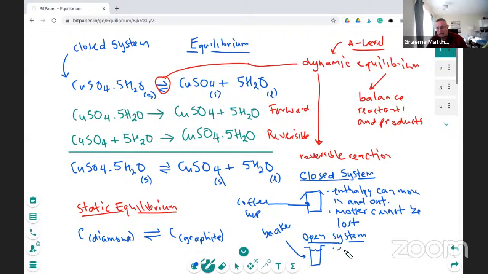Yes, so enthalpy can move in and out, true. If you're doing the reaction, you put the beaker on the bench in the lab, you're thinking, yes, it will cool down. So therefore, enthalpy, heat, energy can move in and out. And you're thinking matter, mass can be lost. So matter can be lost.